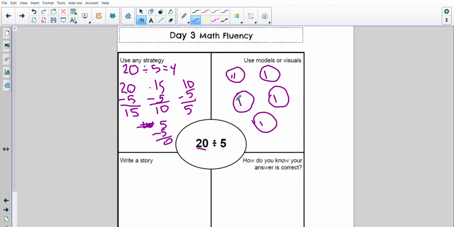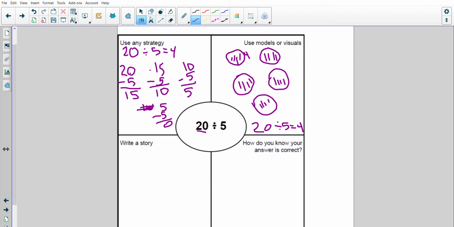So I was at 5, 6, 7, 8, 9, 10, 11, 12, 13, 14, 15, 16, 17, 18, 19, and 20. Count how many are in one group. 1, 2, 3, 4. And there's 4 here, 4 here, 4 here, 4 here. So they're all the same. So I know again 20 divided by 5 equals 4.